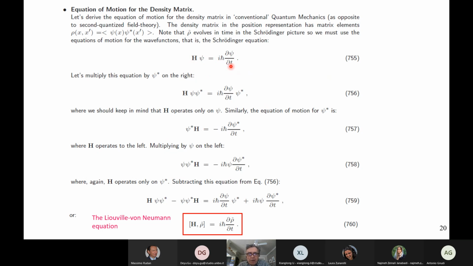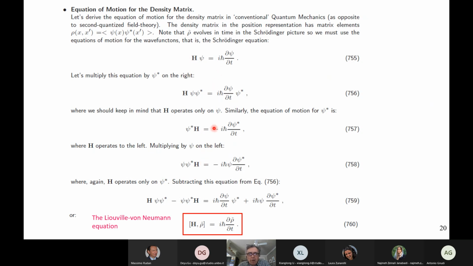Regardless of whether you view this as a first quantized Schrödinger equation or a classical field in second quantization, so whether you want to put a star or a dagger here, it doesn't matter. You can multiply this equation by psi star on the right. You can multiply it on the left.